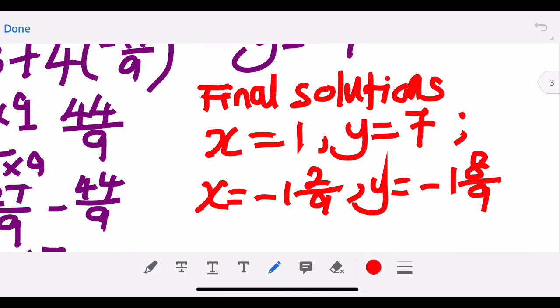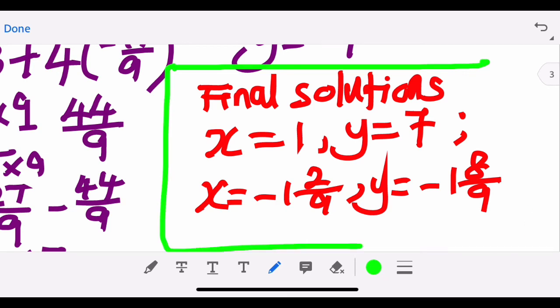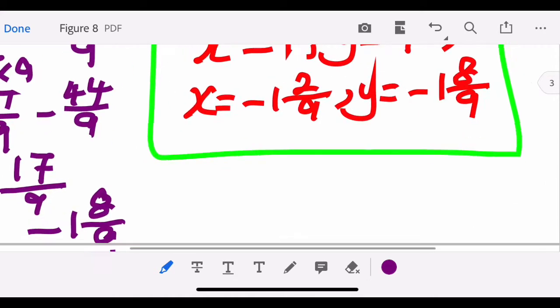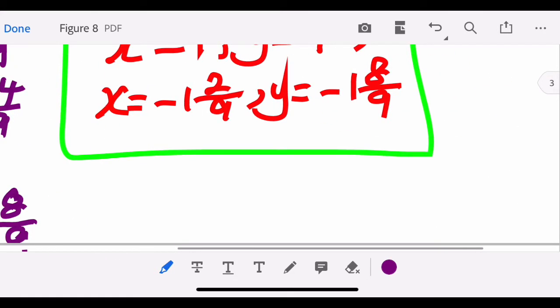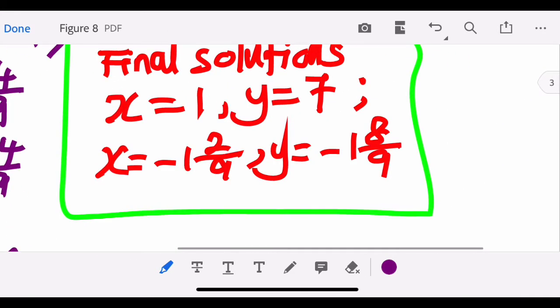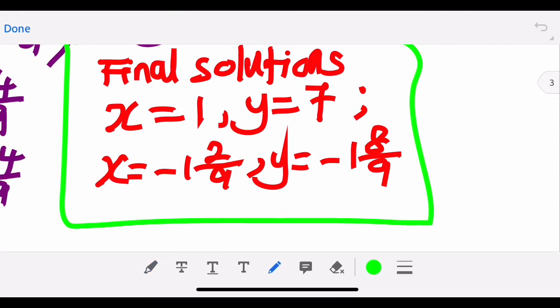Question number 2. I'm sure you won't make mistakes, right, if you double check. So I show you all the steps, okay, because this is paper 2. So you must actually show the steps and not just write the answer.